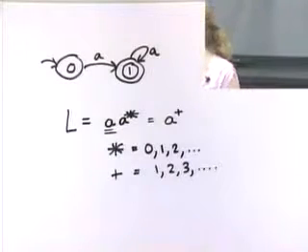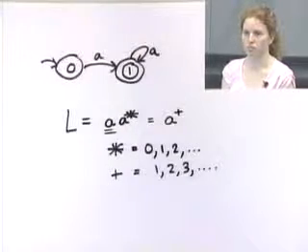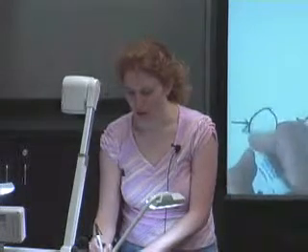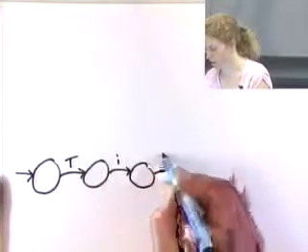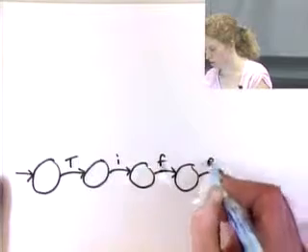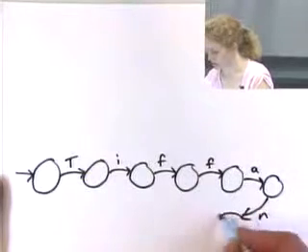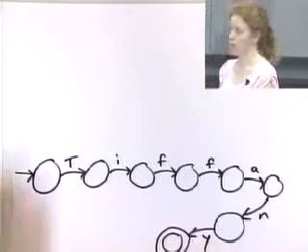So using the definition I've just given you, can everybody make a finite state machine that accepts their name? So let's use my name and make one for my name. It's kind of long, right? So we have a start state. It needs to have a T first, and then an I, and then an F, and then an F, an A, an N, and a Y. And we need to label our states.